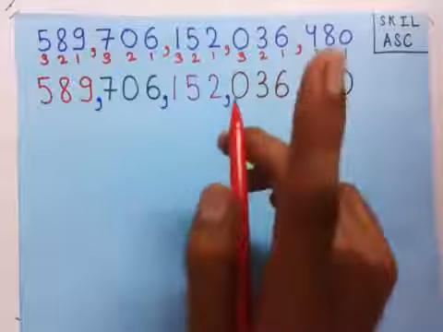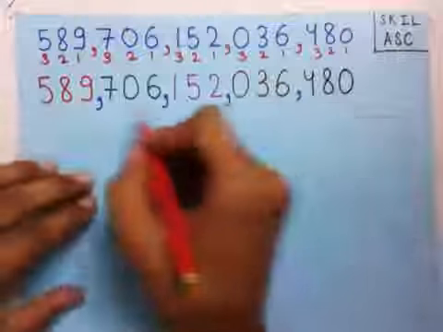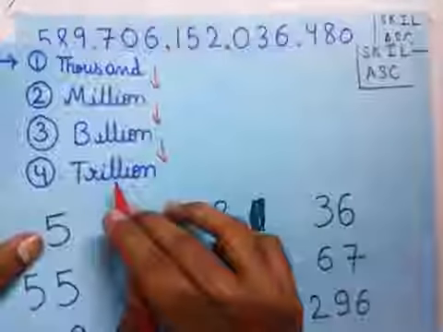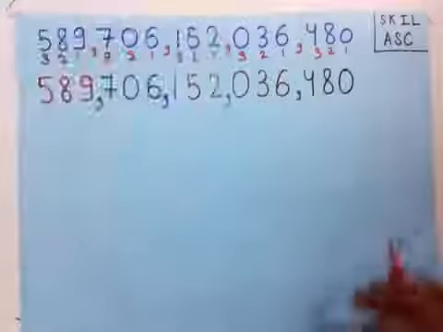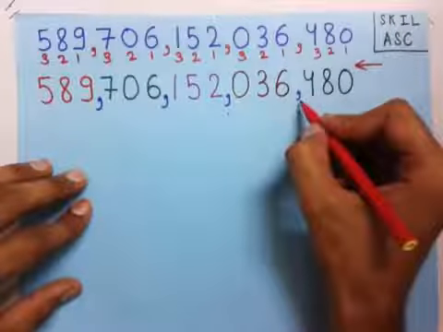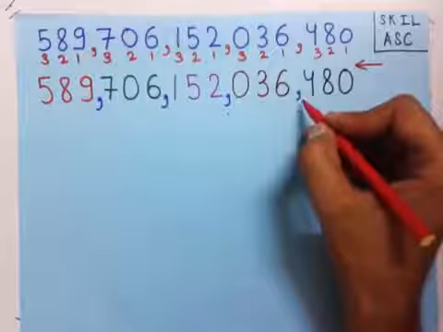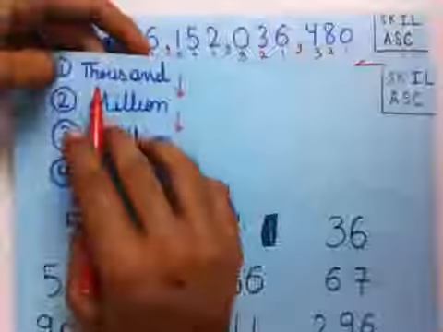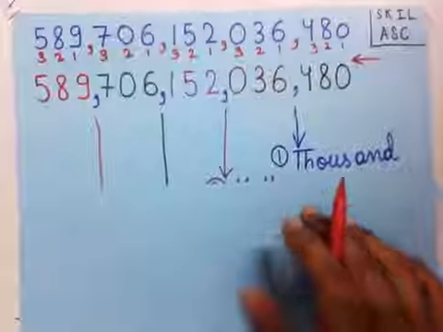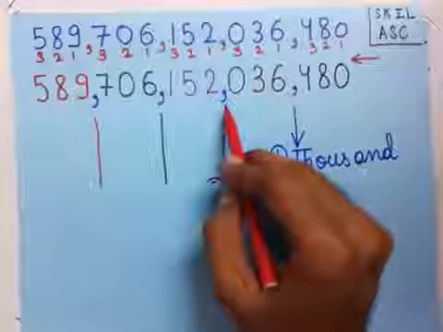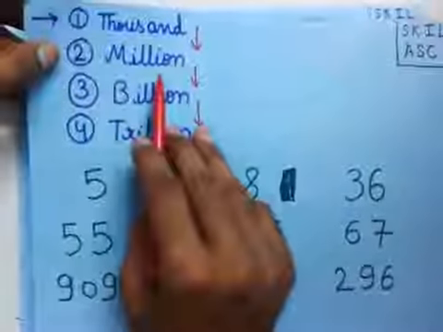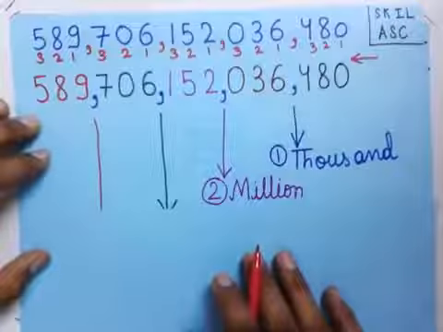Now the next thing you must remember is that under these commas you have to put these 4 words. Now how will you put them? We start from this side, and this is the first comma. Under this first comma you put the first word, thousand. Now we go ahead, and this is the second comma, and under this second comma we put the second word, million.